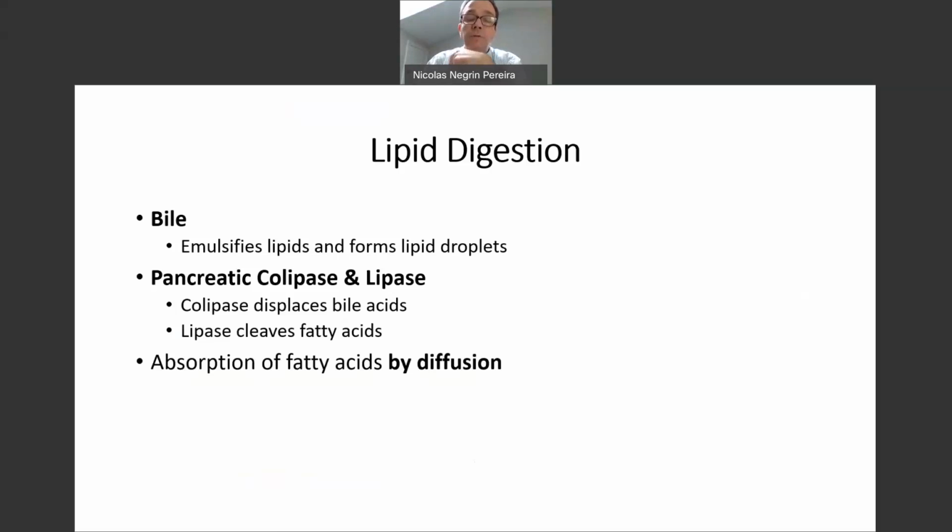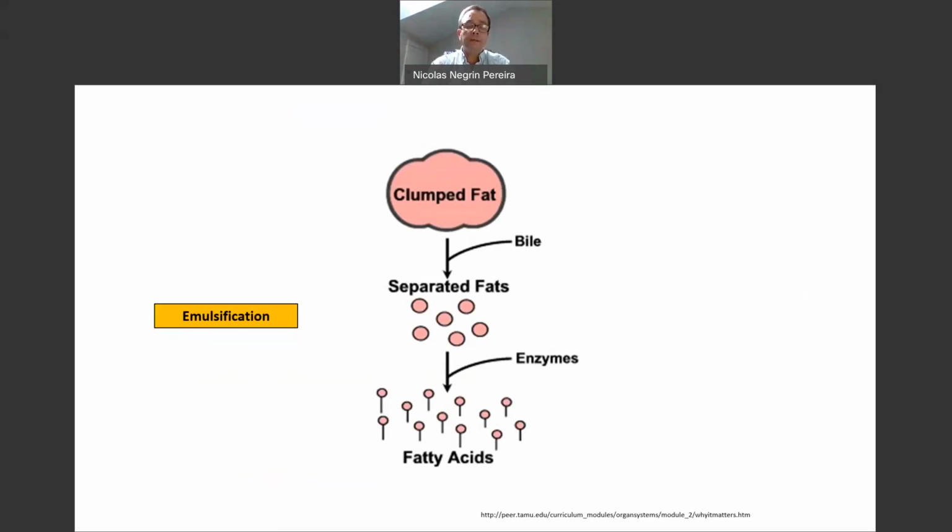The absorption of the fatty acids is going to be much easier because of the lipid nature of the nutrient we're considering. So they can be easily absorbed by diffusion by the cells. Remember, cell membranes are formed by phospholipids, so that doesn't imply much of a barrier. And fat is also usually highly digested. We're talking about more than 80%.